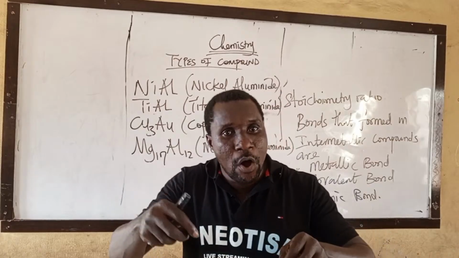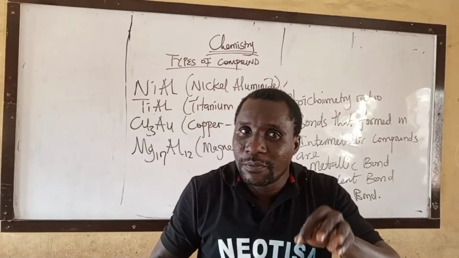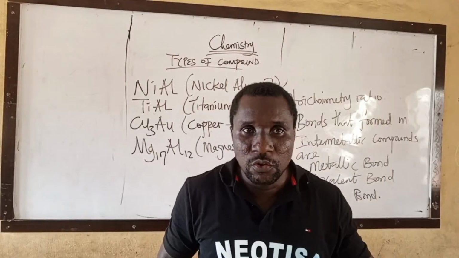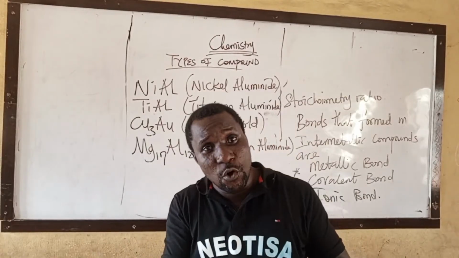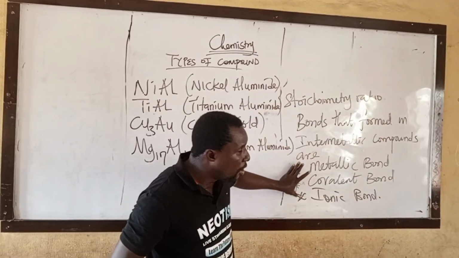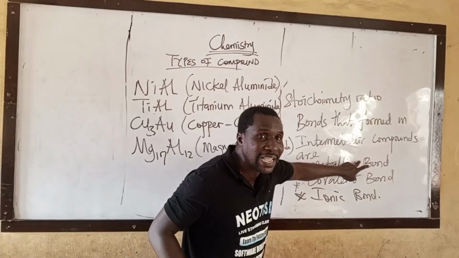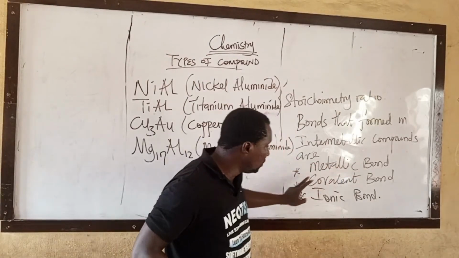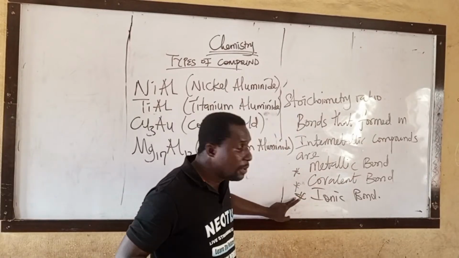The kind of bond that occurs in an intermetallic compound is not only metallic bond. You can have three bonds occurring in them, or only one bond. Metallic bond can occur, covalent bond can occur, and ionic bond can occur.